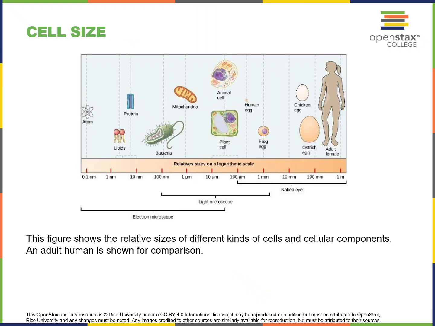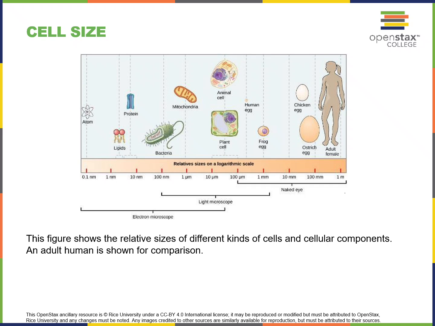Okay. This diagram is just kind of showing you the differences in cell sizes. Remember how we talked about how big a gram actually is. Right now we're functioning in meters, but if a human being is 1 meter and a frog egg is 1 millimeter, the size difference is incredible, right?